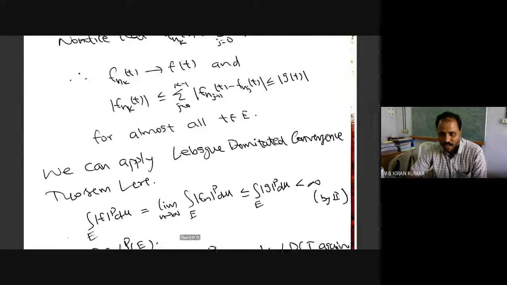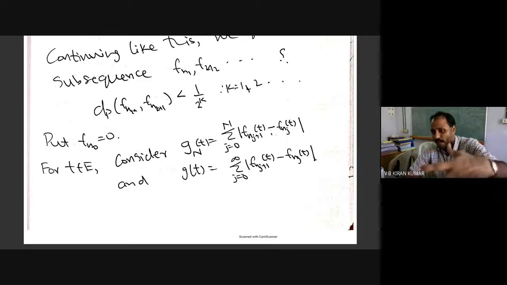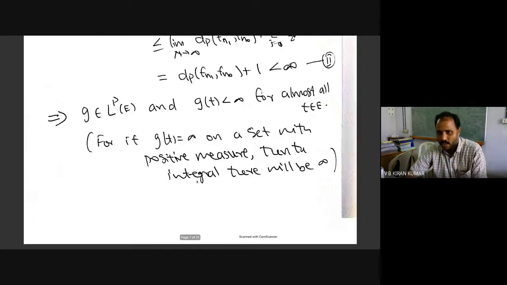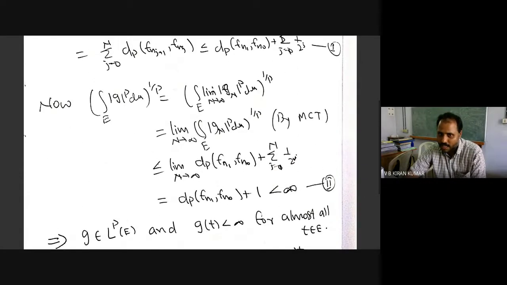Recall that g_N actually increases to g(t), because we have non-negative terms here. As n increases, you are adding more non-negative terms, so you have a monotonically increasing sequence converging to g(t). So you can apply the monotone convergence theorem and interchange the limit and the integral.